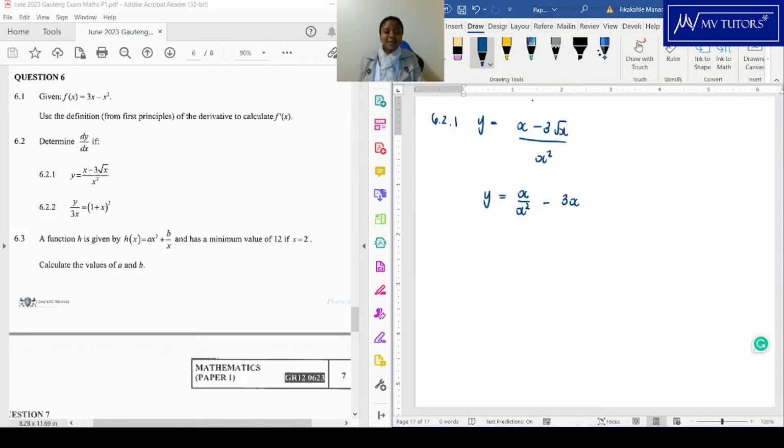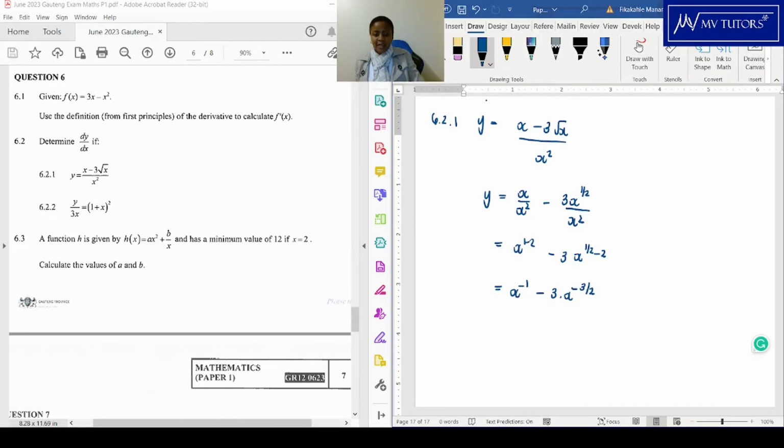Root x is the same as x to the power of half over x squared. And let's just simplify it. So we can say x to the power 1 minus 2, minus 3 times x to the power half minus 2, which is simply x to the power negative 1 minus 3 times x to the power negative 1.5.